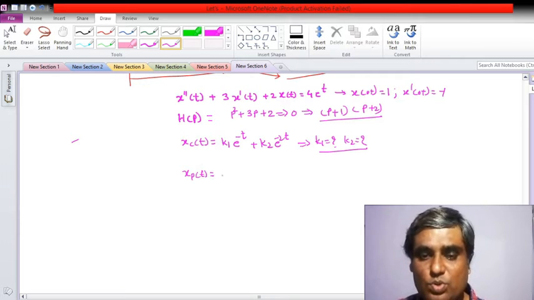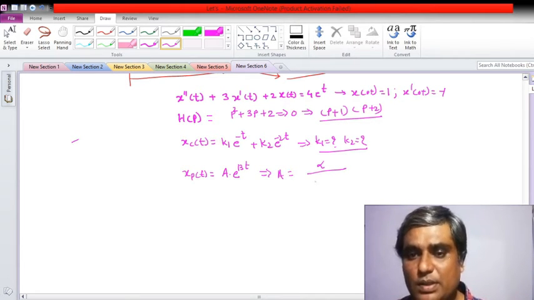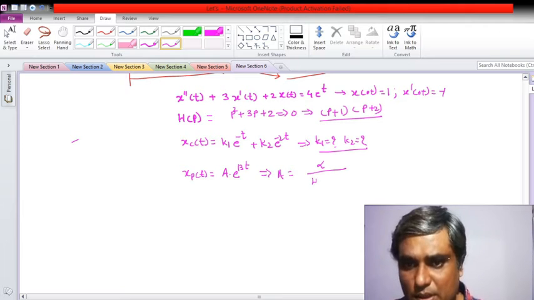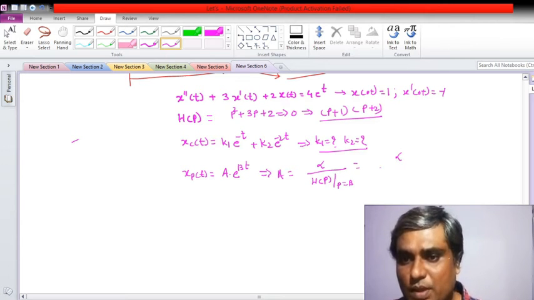And my particular solution, how can we find out? A into e raised to beta t, and the value of A is to be obtained as alpha divided by h of b, that is, the polynomial evaluated at beta. So alpha, what was the h of p? p square plus 3p plus 2, evaluated at beta.